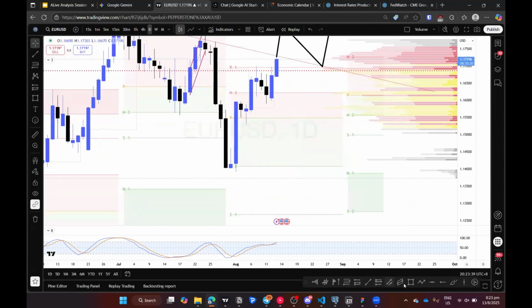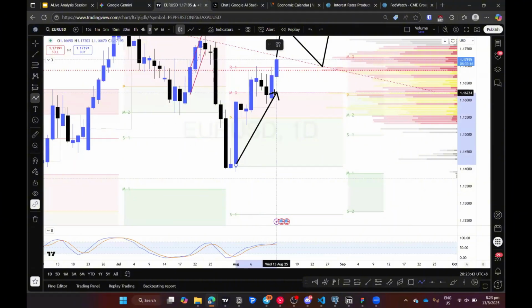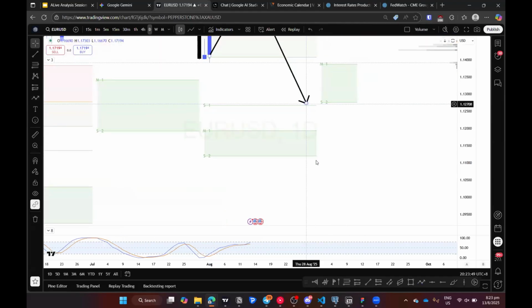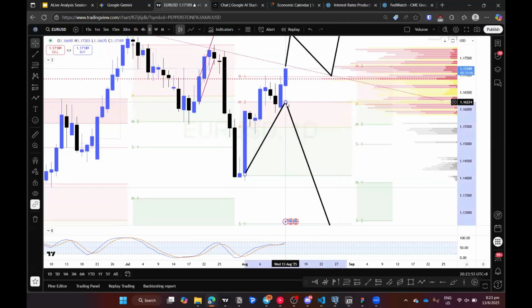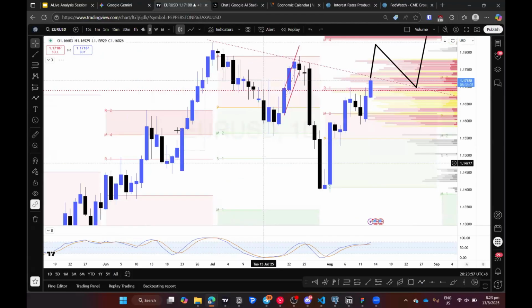If we're looking for a continuation to the downside, we are looking for a retracement up to M3, the best price to sell, and then hit down to M1, S2. This is kind of like the setup. Usually, the overall trend is a bullish trend.